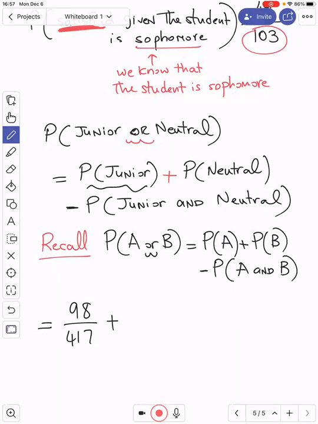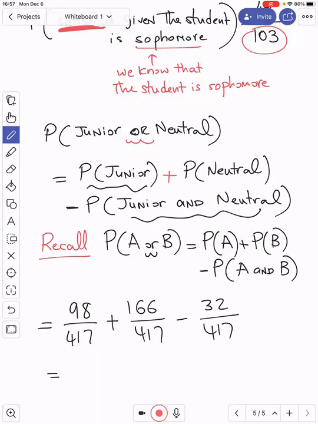In total, we have 166 neutral students, minus junior and neutral. So at the same time, the student is junior and neutral: 32. Yeah, thank you. 417. Right. So then the answer is 98 plus 166 minus 32 over 417. Okay.